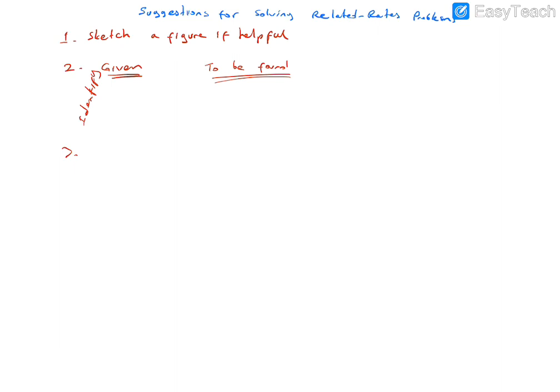Okay, so you should find the relation, and by differentiating the relation, express all given rates and the other rates to be found as derivatives. Let's write: derivatives.